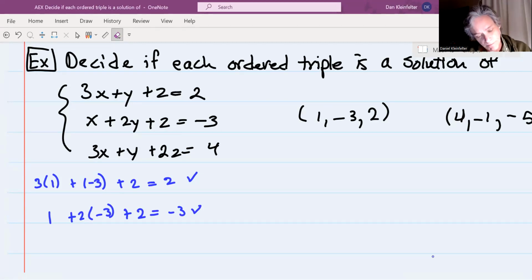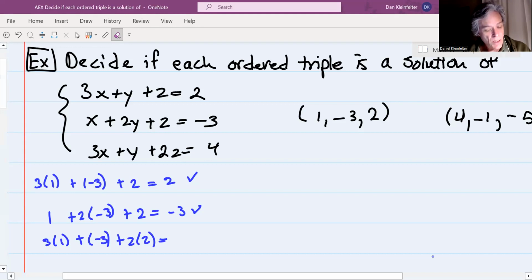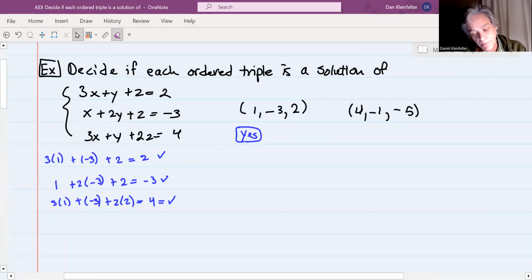And then the last one, 3 times 1 plus negative 3 plus 2 times 2. So 3 times 1 is 3, plus negative 3 is 0. 2 times 2 is 4, and that equals 4. So yes, that worked out. So this one satisfies all three of the equations, so that would be a solution to the system.